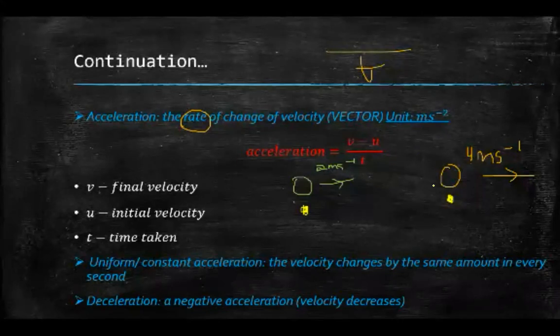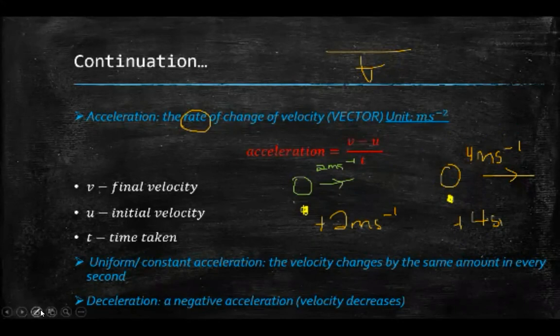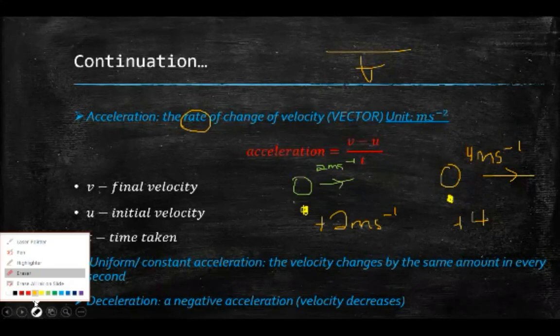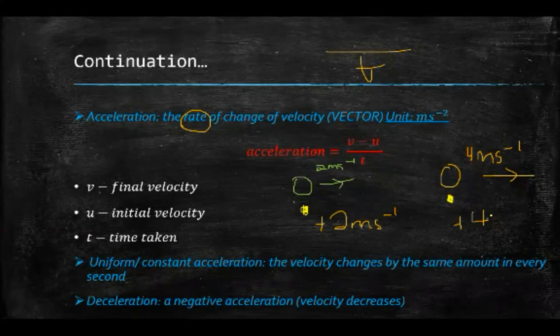That indicates an acceleration. So my speed is 2 meters per second, speed is 4 meters per second. I would say the velocity is positive 2 meters per second. And then this one is positive 4 meters per second. That's my velocity. Oh, why am I putting second per meter? Meter per second. A change in velocity indicates an acceleration.